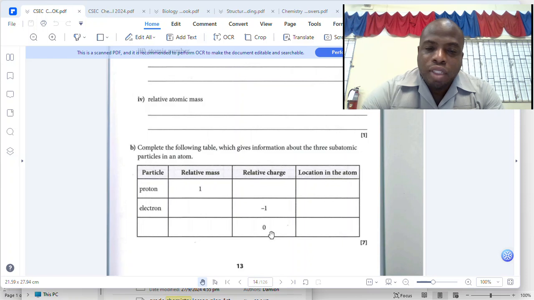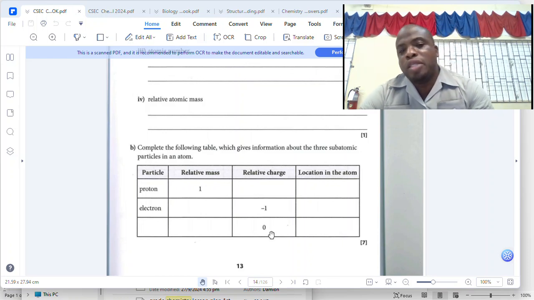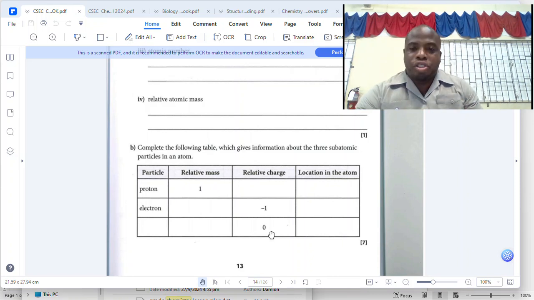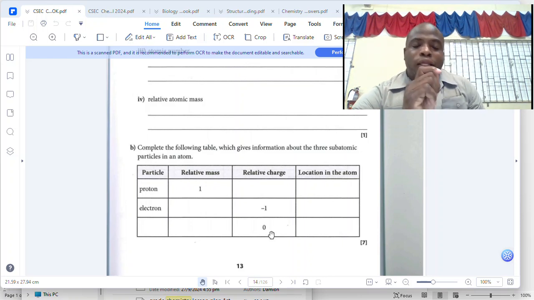Why? You see, the thing about atoms, they have an equal number of protons and electrons. So I tell my students, when you're going to be doing atomic structure, if CSEC is going to be putting a question in terms of atomic structure or bonding, they will select elements from the first 20.